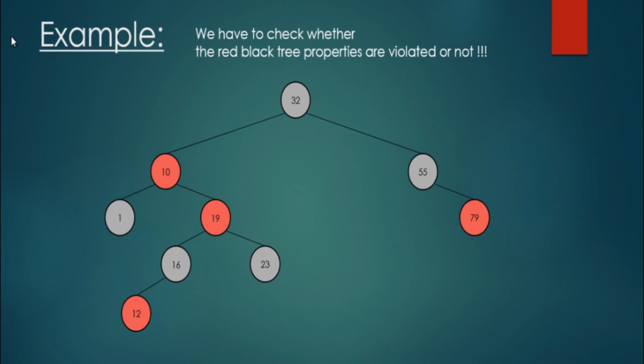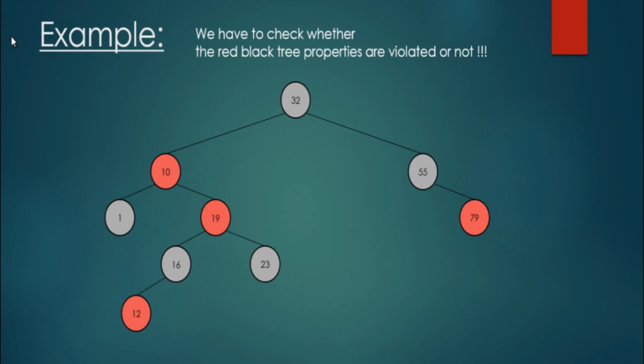That's what I'm talking about, that after making this operation, we are not okay, because we see that with the recoloring operation, the red-black tree properties are violated again, because now the node 10 has a right child which is red again, and no red node has a red child.